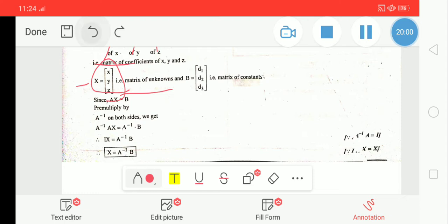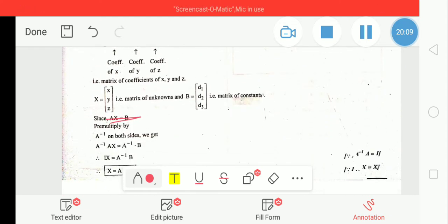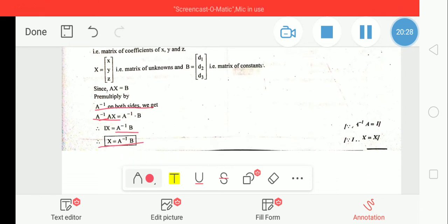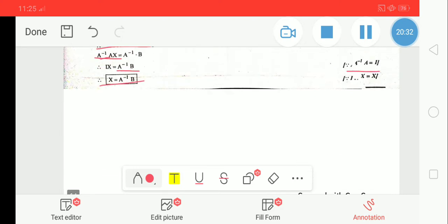Then A inverse. This one we know, AX is equal to B. This term we multiply by A inverse on both sides, so A inverse AX is equal to A inverse B. A inverse A is the identity, so X is equal to A inverse B. We know that A inverse A is equal to identity.